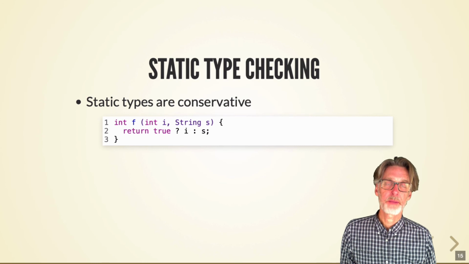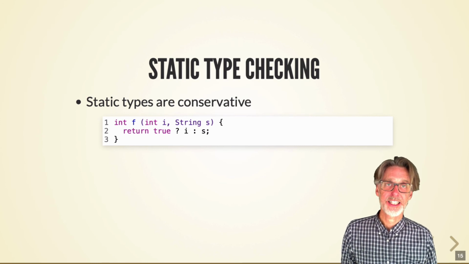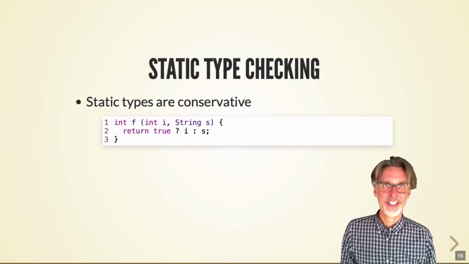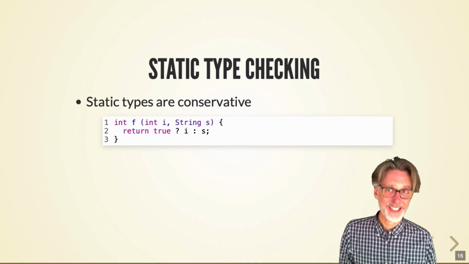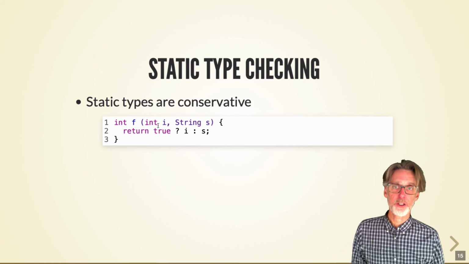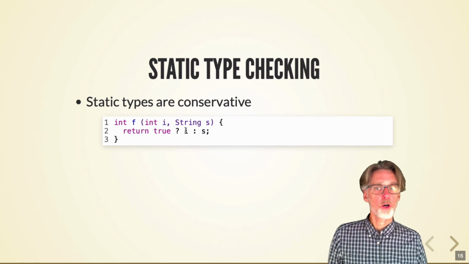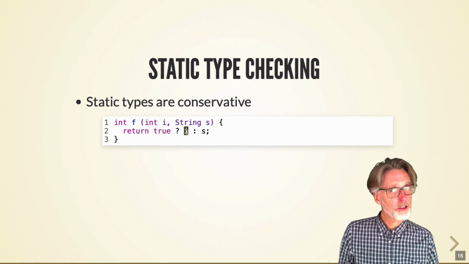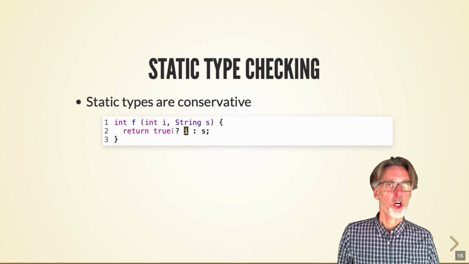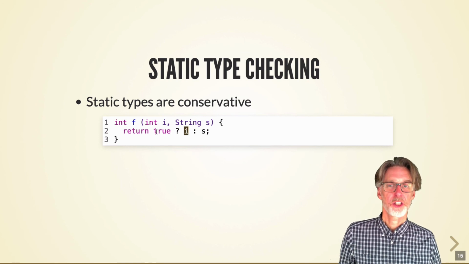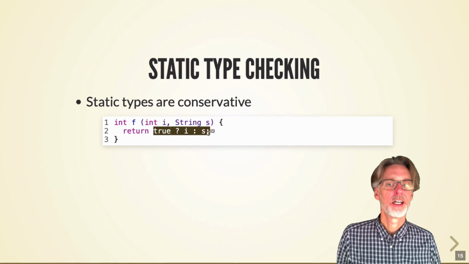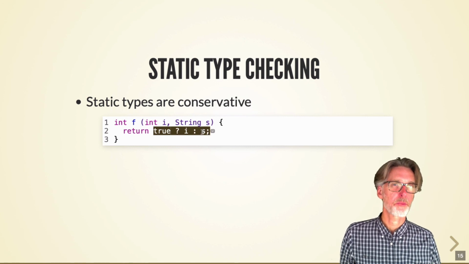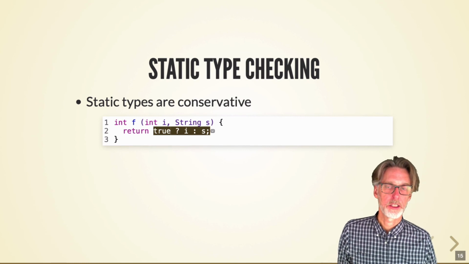To conclude, let me make a few comments about static type checking. The first is that static type checking is always conservative. So if I have a function that is always going to return an integer, a static type checker may reject it just because there's some code path, even though it will never be taken, that could possibly return something other than an integer.